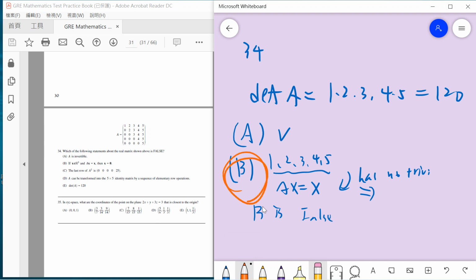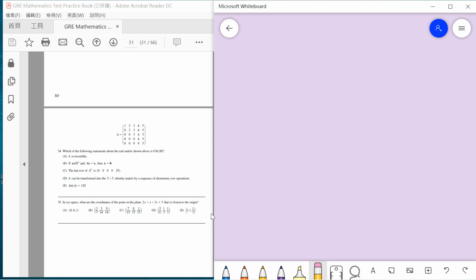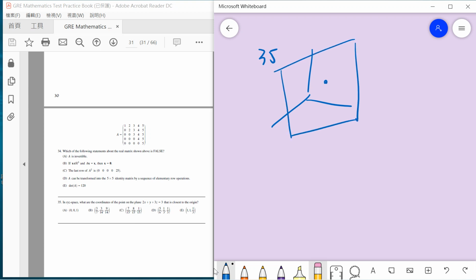Okay, we'll go to 35. I think 35 is the standard problem in geometry, maybe the high school geometry. We have a plane.